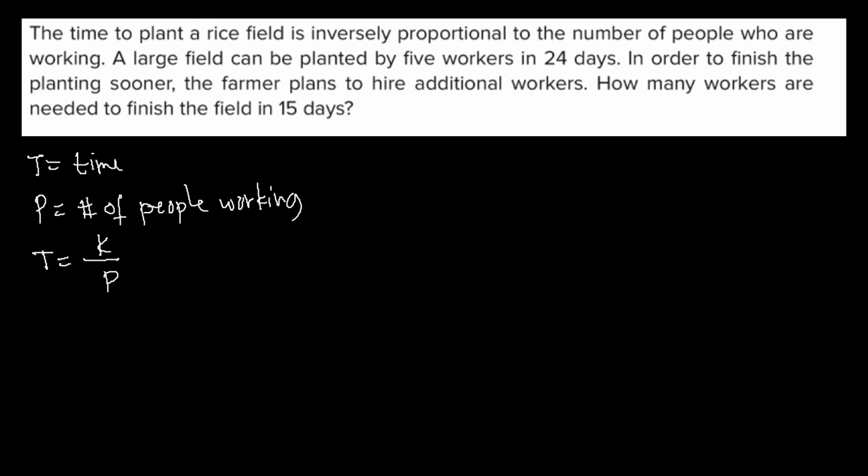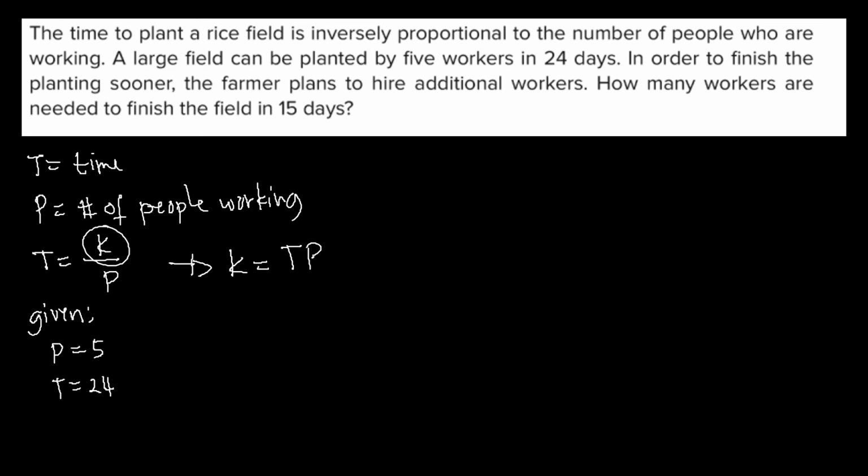Okay, so next, a large field can be planted by 5 workers in 24 days. So we have a given here. We have 5 workers, that is P, and we have 24 days, which will be the time. In this given, we can solve for the constant of variation. So constant of variation k is equals to TP.